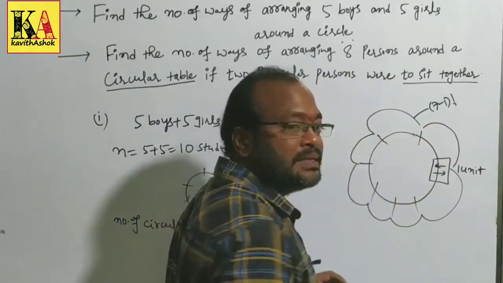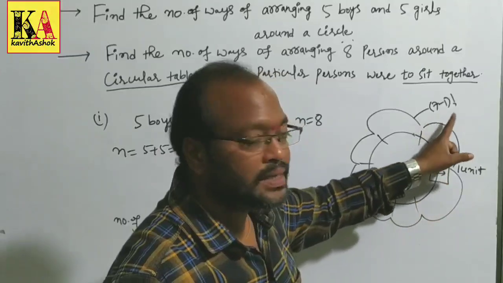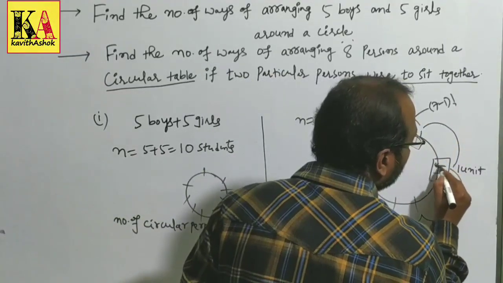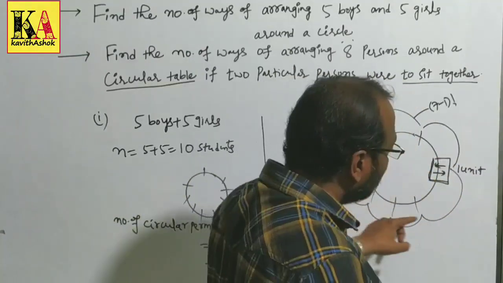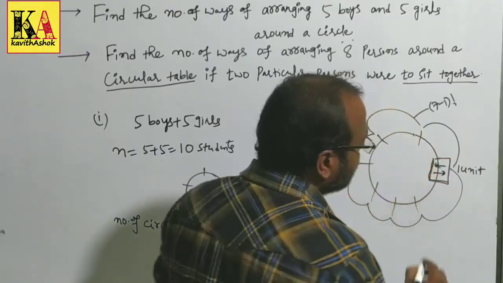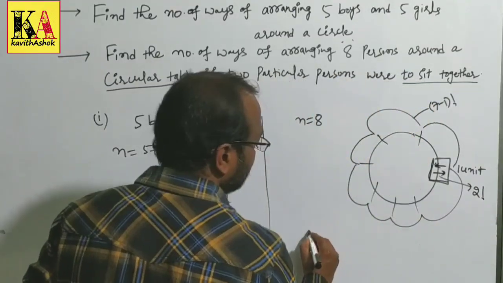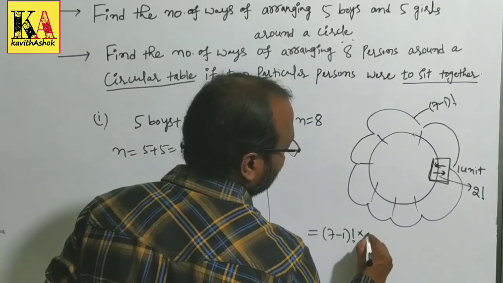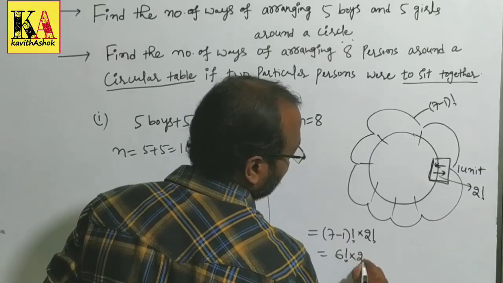Now again these 2 persons sit in a row only. The total may be a circular permutation, but these 2 persons can be arranged in 2 factorial ways. So by the fundamental principle, the number of arrangements is 7 minus 1 factorial into 2 factorial, which is equal to 6 factorial into 2 factorial.